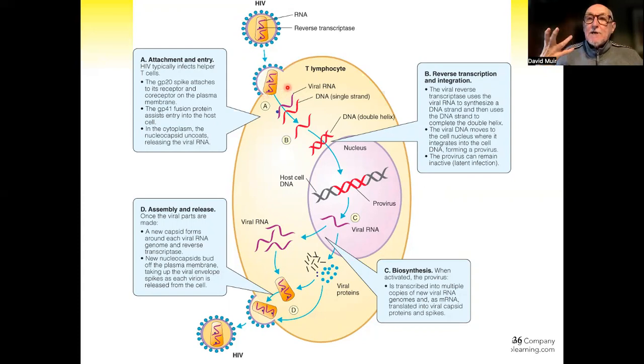The capsid is digested off by host responses and liberates the viral RNA. The viral RNA produces a double-stranded DNA copy of the viral genome, and that integrates with the host DNA in the nucleus.